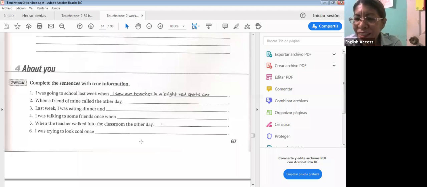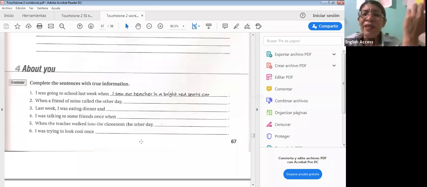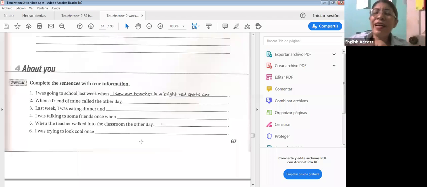Remember, here it says last week I was eating dinner. So that action was in progress. Try to think about another action that happened at the same time.